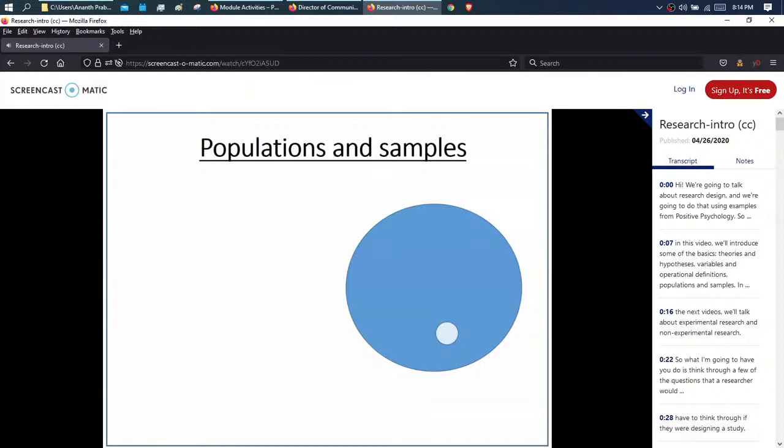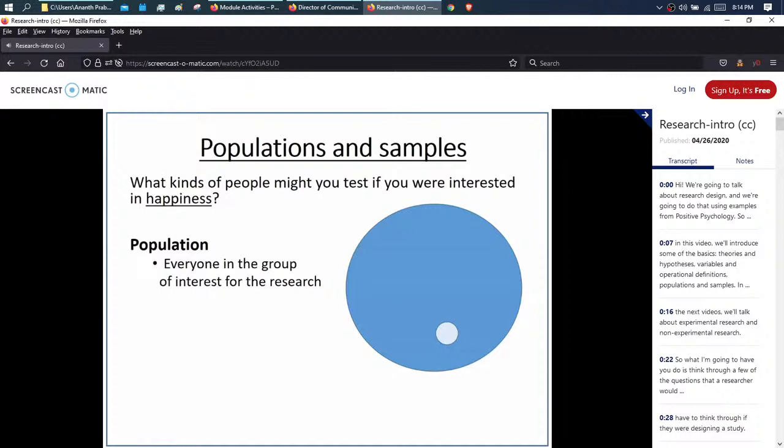Okay, this leads us to populations and samples. A population is everyone in the group of interest for the research that you're doing. So for example, if you're studying 3-year-olds, then 3-year-olds is your population, all 3-year-olds. Okay? If you're studying women in Illinois, then women in Illinois is your population.